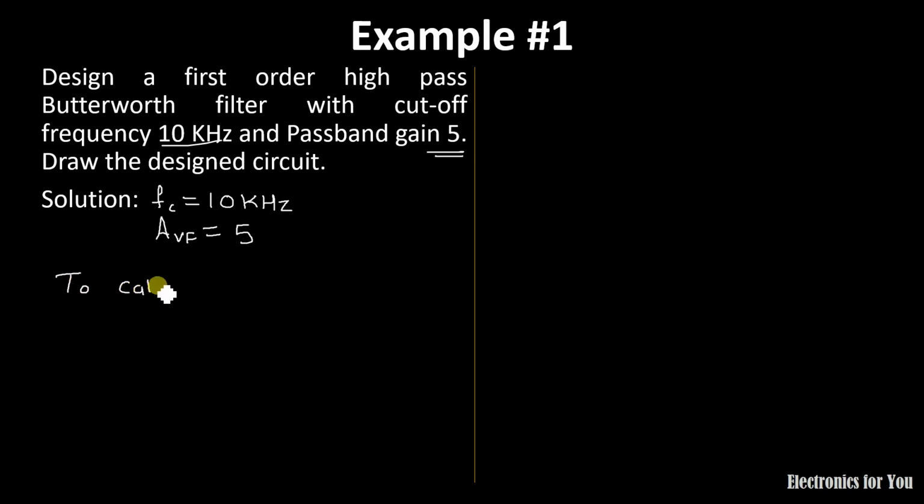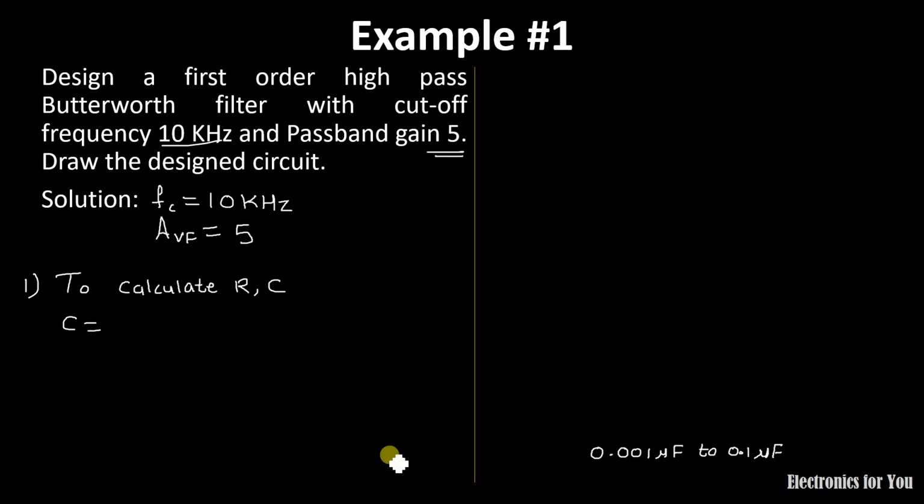To calculate R and C, we will assume the value of C. We have to assume the value of C between 0.001 microfarad and 0.1 microfarad.